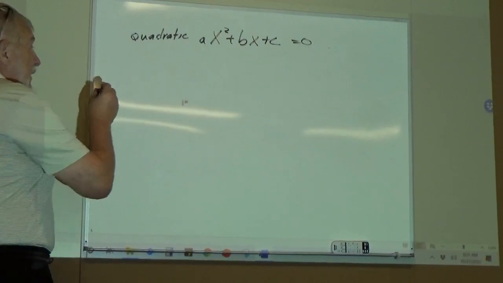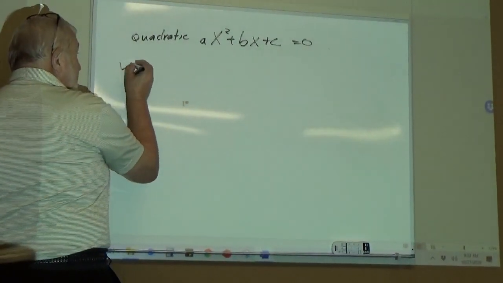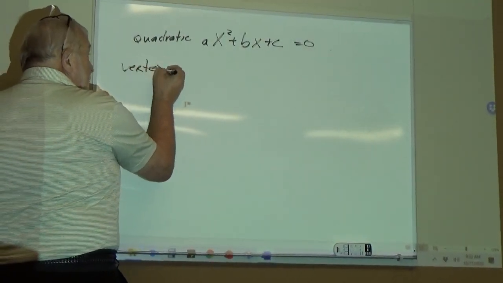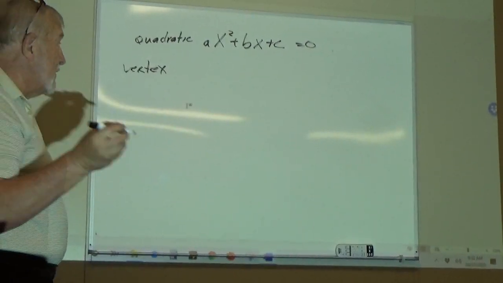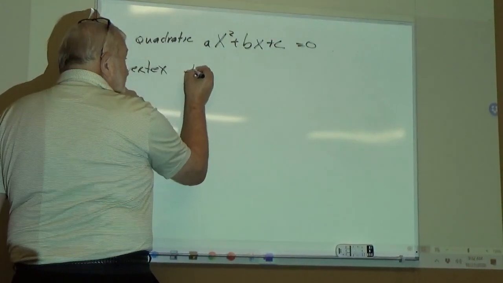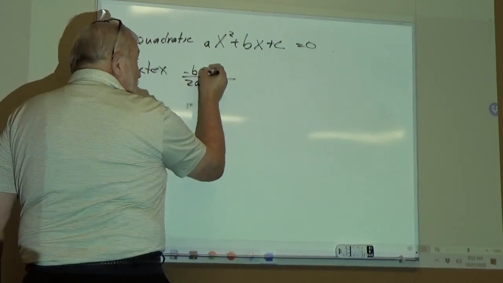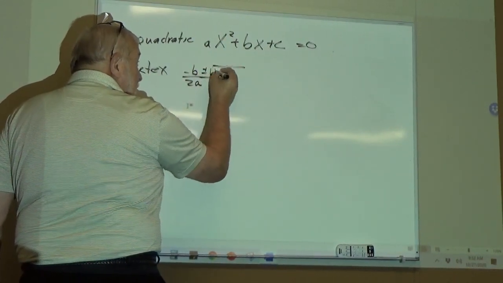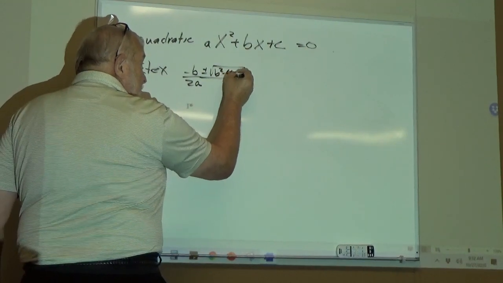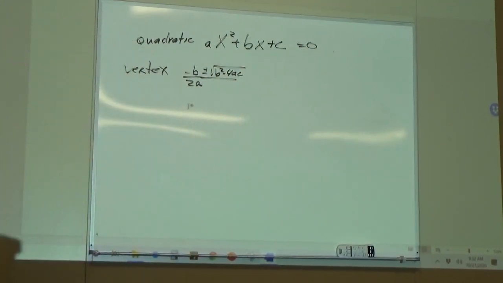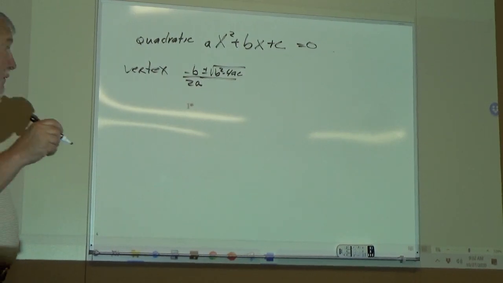But to find the vertex, there are two methods. One is using negative b over 2a, which is part of the quadratic formula. The negative b over 2a gives me the x of the vertex and also gives me the line of symmetry. All right?